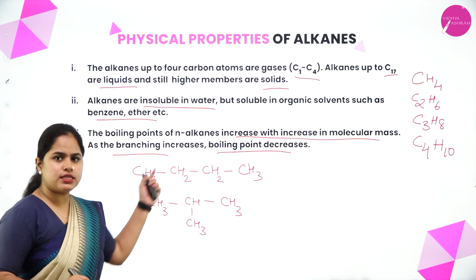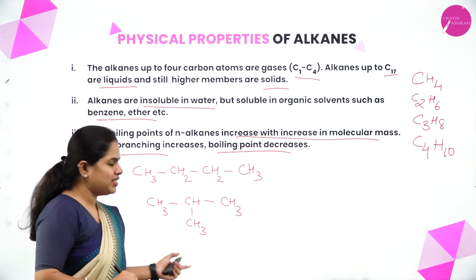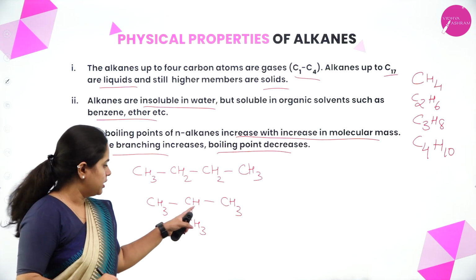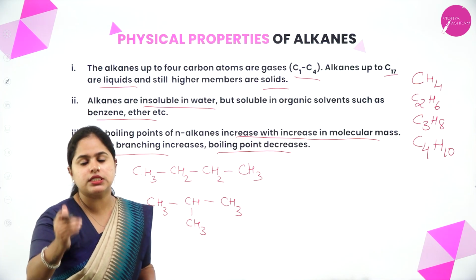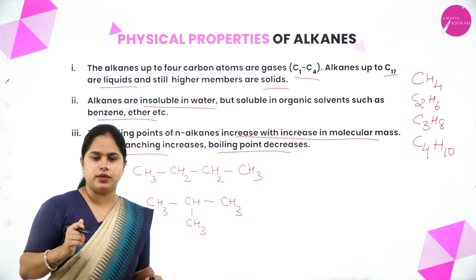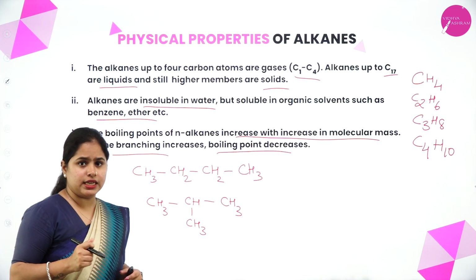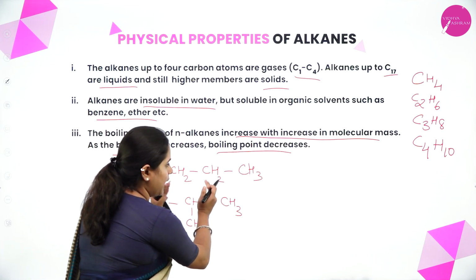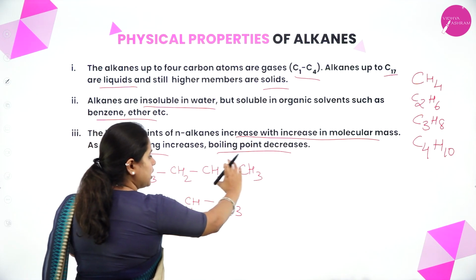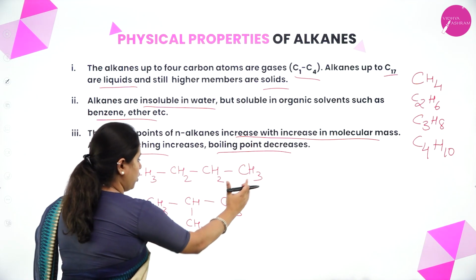What is the difference you can see here? The branching has increased in this case, but the important point is that the number of carbon atoms is still the same. It is just an isomer. So when branching has increased, what has happened? The surface area has decreased. Earlier it was a complete open chain. Now you have got a branch here.